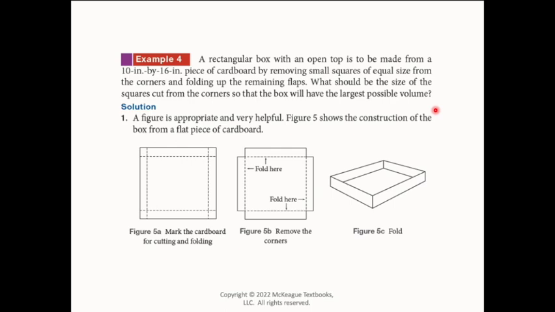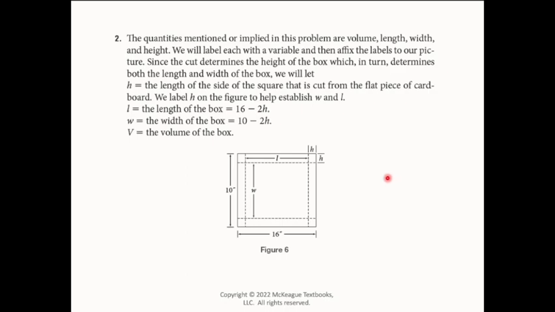Using the guidelines, in this case, we do have a picture that we can draw. Here's our piece of cardboard. Then we cut out the squares in the corners, and we fold it up along these dotted lines to create our open top box. Step 2 is to label all of our variables. We're going to label the squares that we cut out of dimensions h by h.